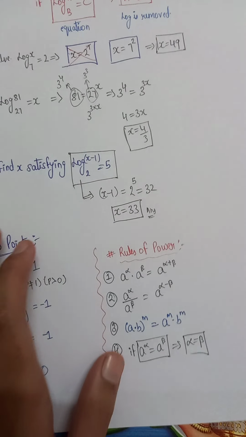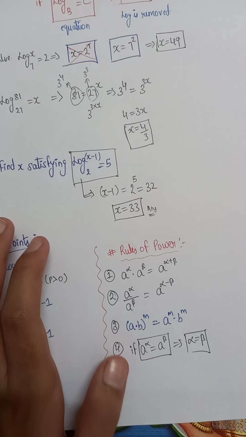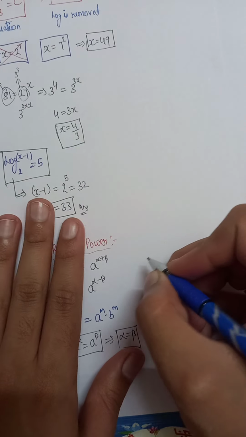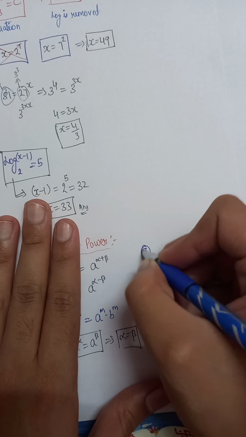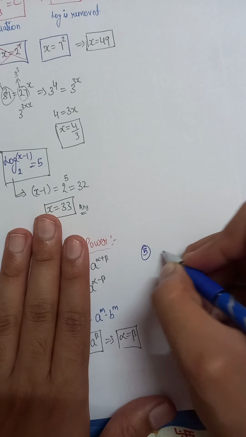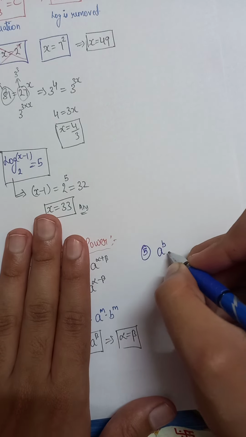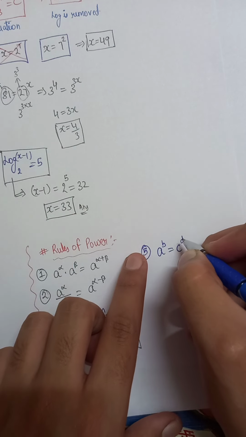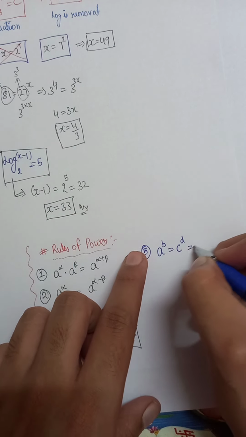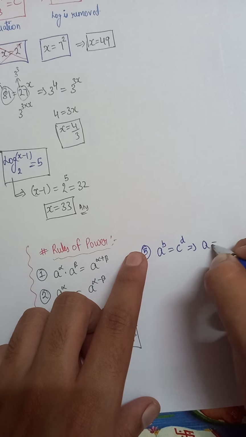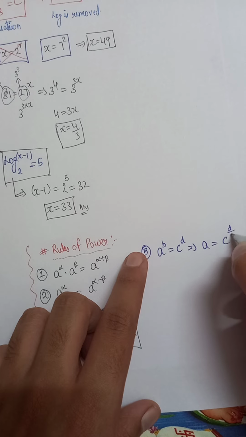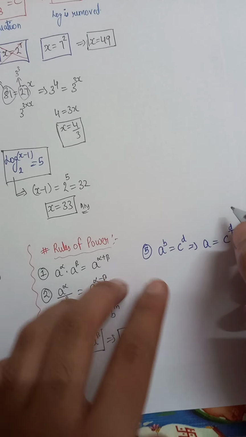Okay, so next, fifth point, the last point. What does the fifth point say? Suppose the question is like a to the power b is equal to c to the power d, then it implies a is equal to c to the power d by b.